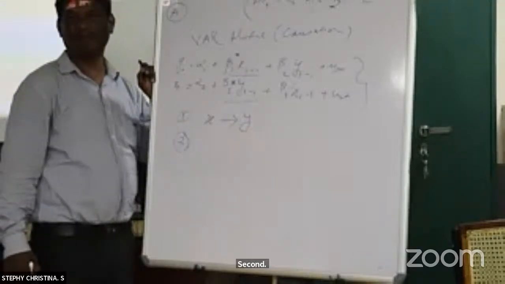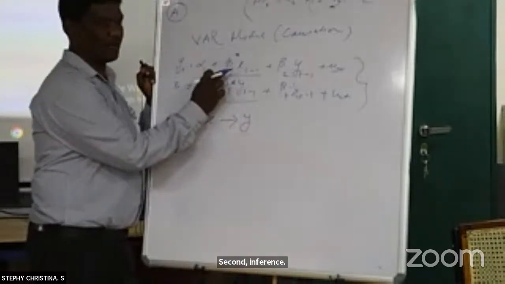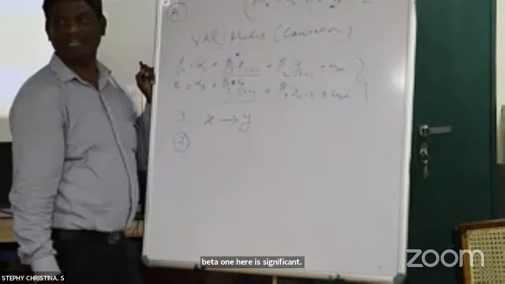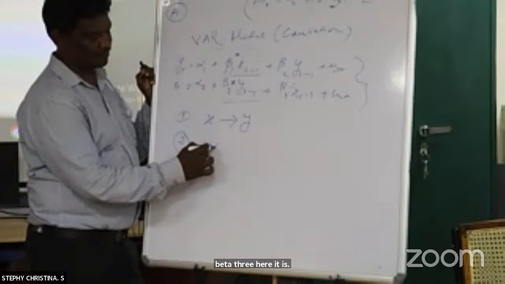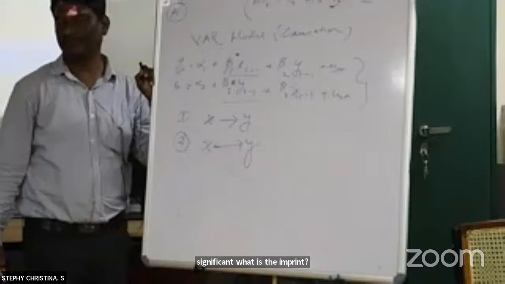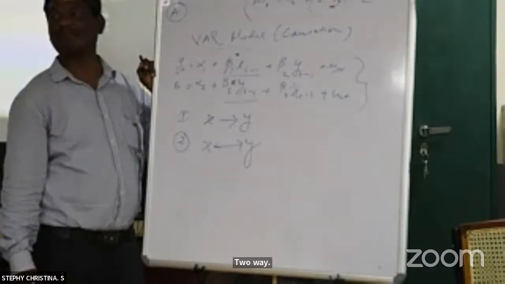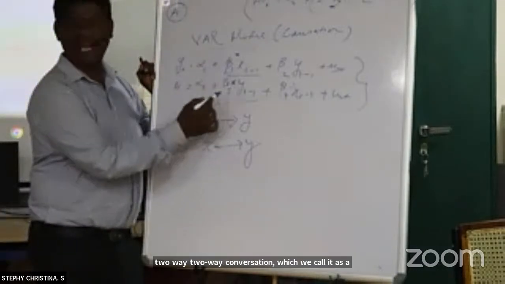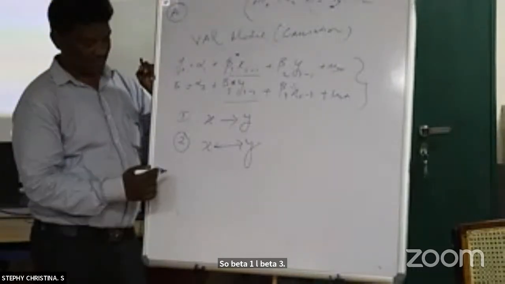Beta 1 here is significant, beta 3 here is significant. So what is the inference? Two-way causation, which we call a bidirectional relationship between x and y. So beta 1 and beta 3. Understand, no?